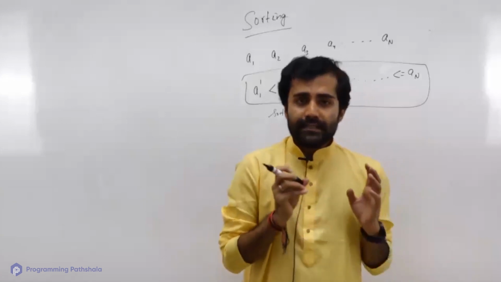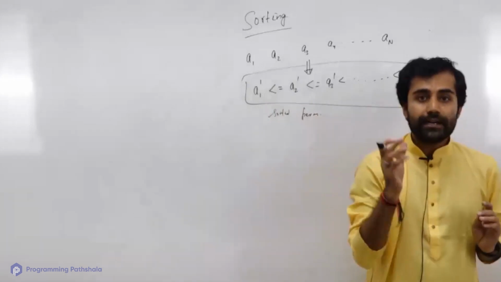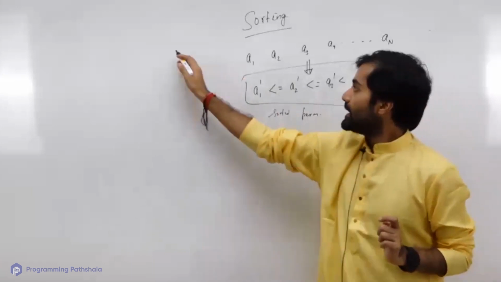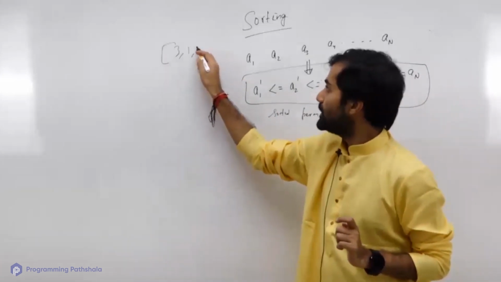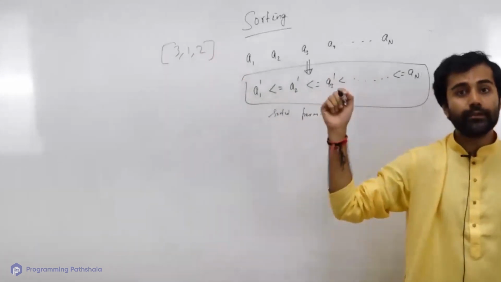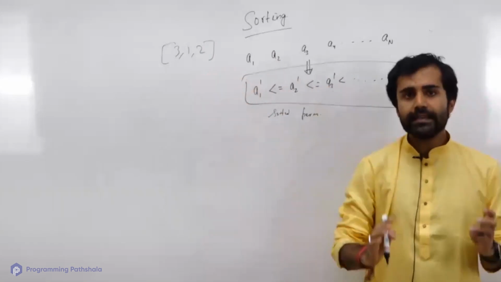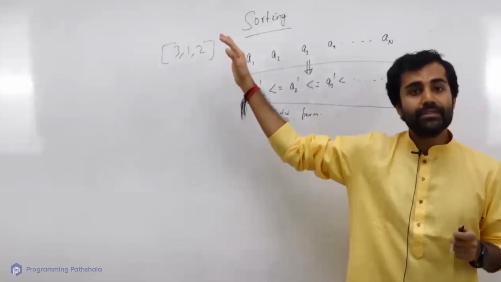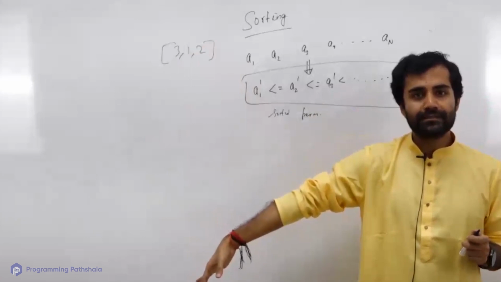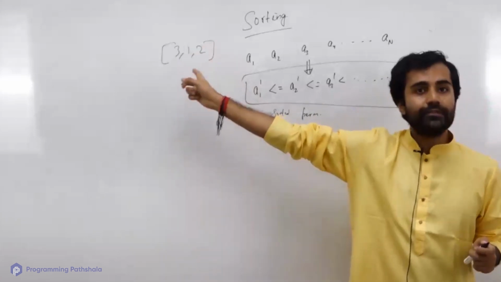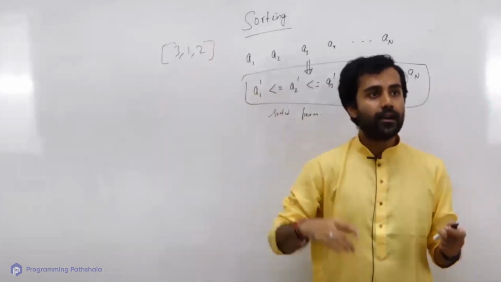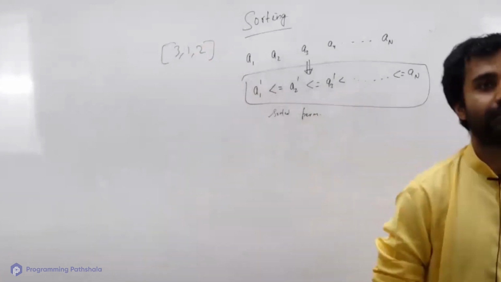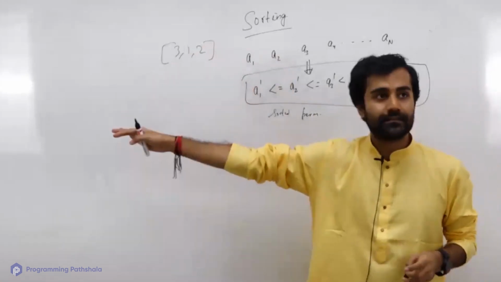Now, what is the easiest way in which we can sort data? You have been given elements like 3, 1, 2, and I want you to sort them. The easiest way is I can just go ahead and generate all the permutations. How many permutations will it have? If there are n elements in an array, how many different permutations will there be? Let's say all the n elements are distinct.